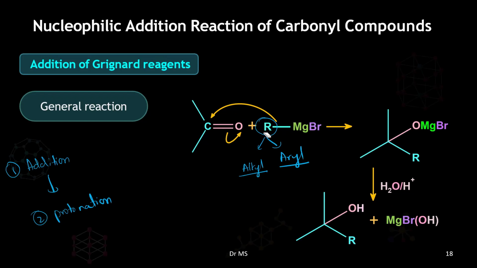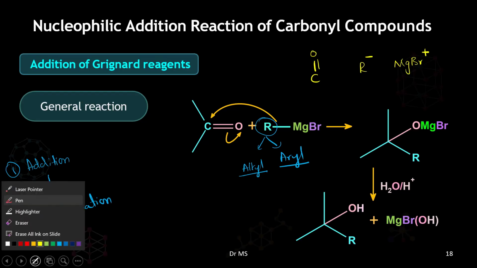If you remember, we talked about this when we discussed the Grignard reagent. There is a C double bond O and there is RMgBr. There is a bond breakage, and now this MgBr will turn out to be positive and the R will turn out to be negative.